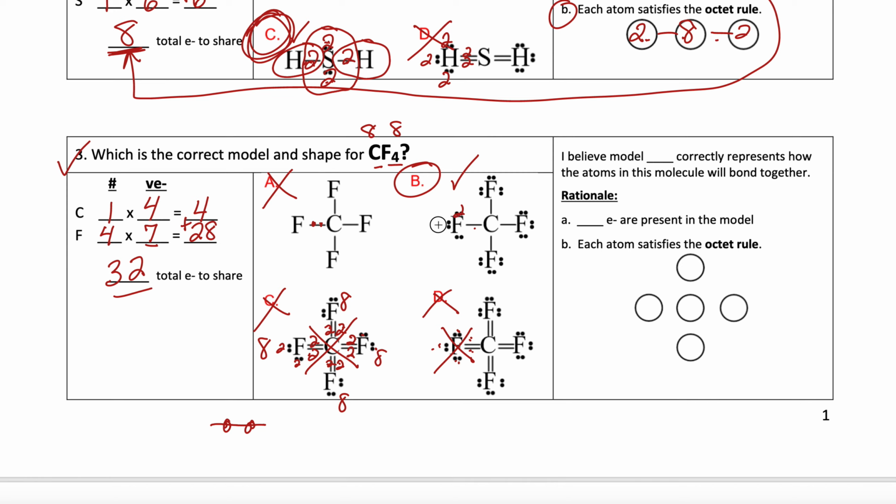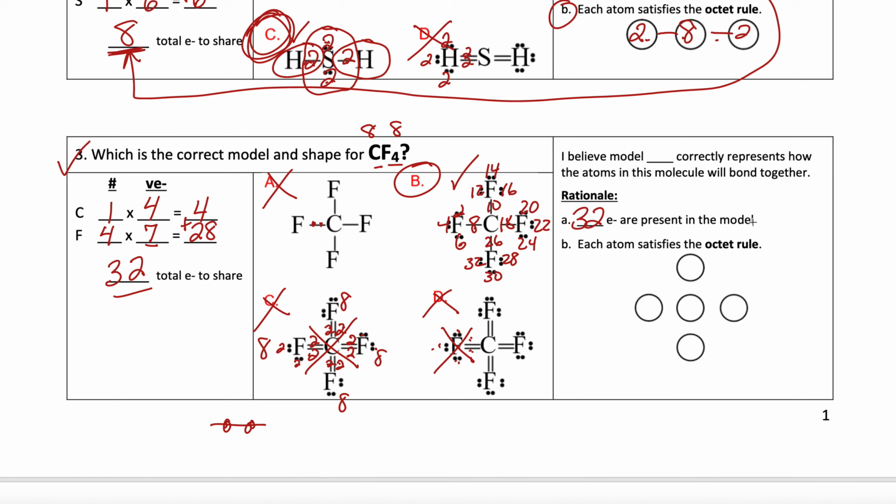So 2, 4, 6, 8, 10, 12, 14, 16, keep going, 18, 20, 22, 24, 26, 28, 30, 32. Now, I don't care how you count, as long as everything is accounted for.